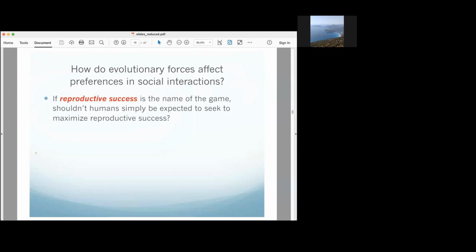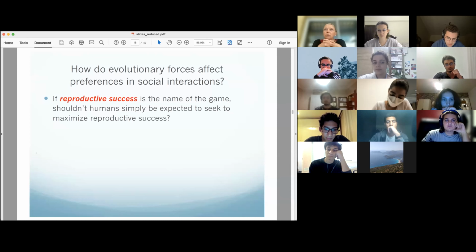So if reproductive success is what is driving evolutionary success, then shouldn't humans simply be expected to seek to maximize reproductive success? It seems like an obvious conclusion. How could anyone who does not maximize reproductive success win the evolutionary race?